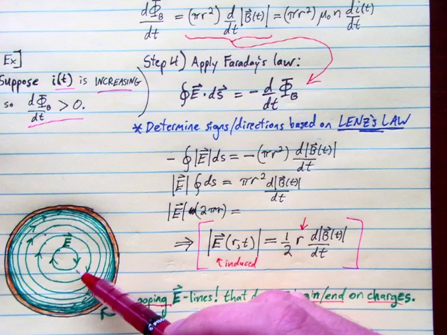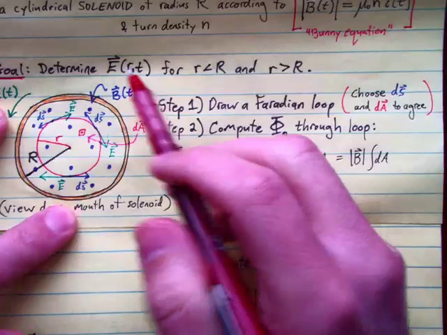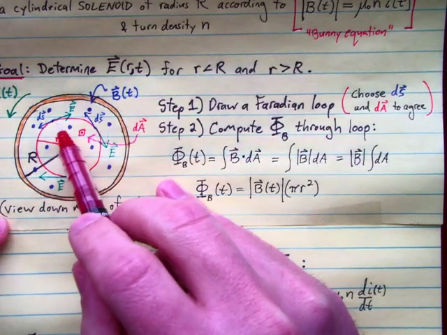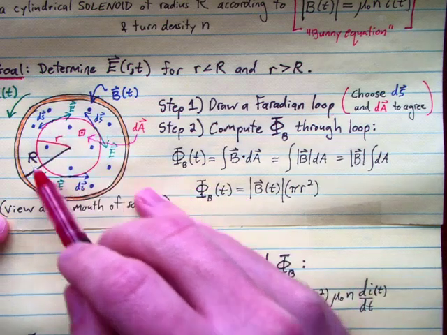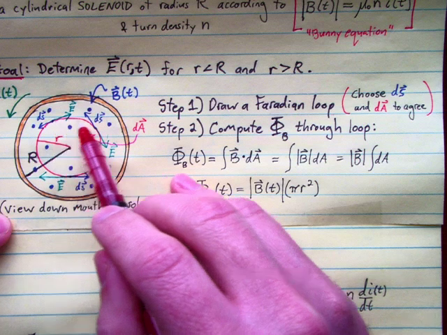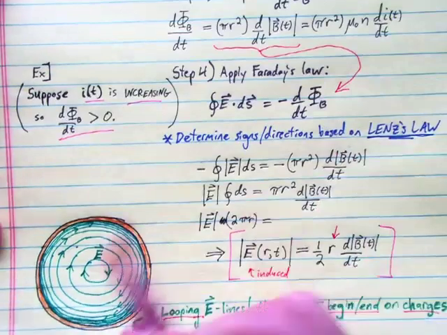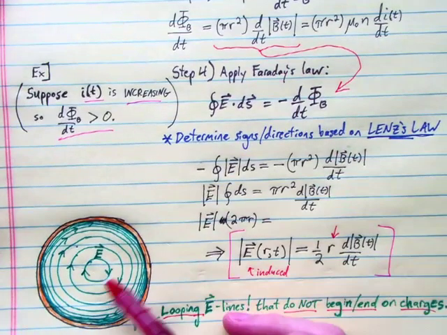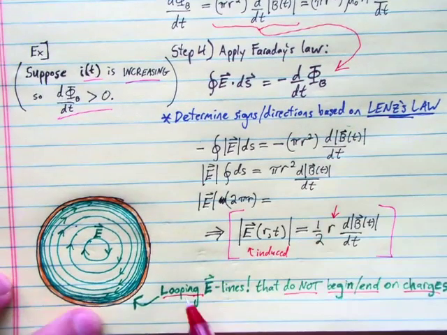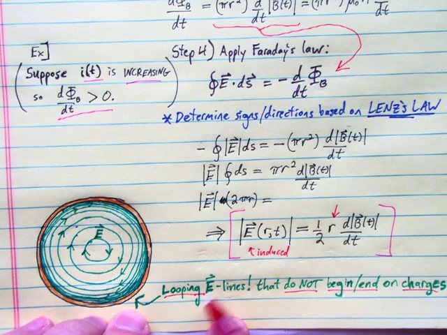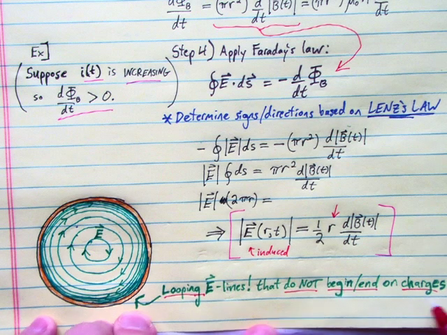But note also the shape of them. We worked out here from the geometry and our symmetry considerations that our E field must be tangent to one of these Faradayan loops everywhere, which means if we connect up these E field vectors, they will form a circular loop. And these, in green, are not magnetic field loops. These are electric field loops. We have looping electric field lines that do not begin or end on electric charges.